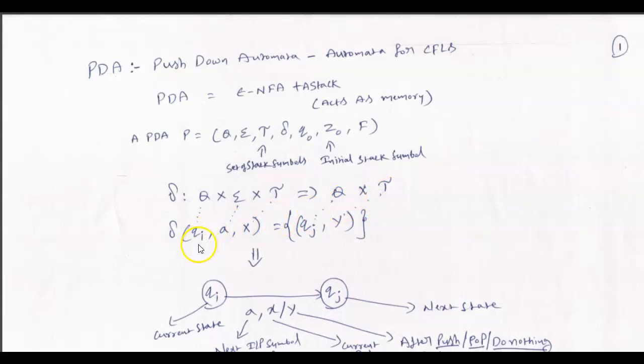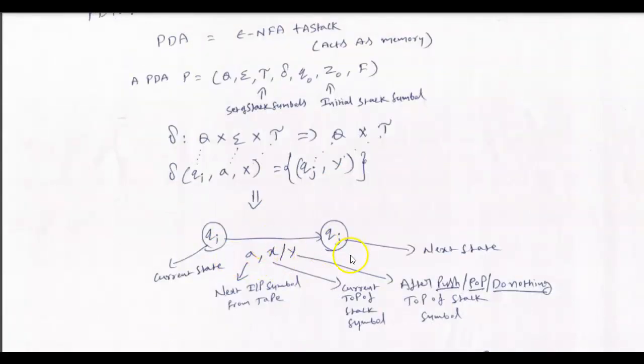For example, here is a pictorial representation of a transition from qi to qj. This is the current state and this is the next state. This is the input symbol. A is the input symbol over here, and X is the current top of the stack. You got my point?